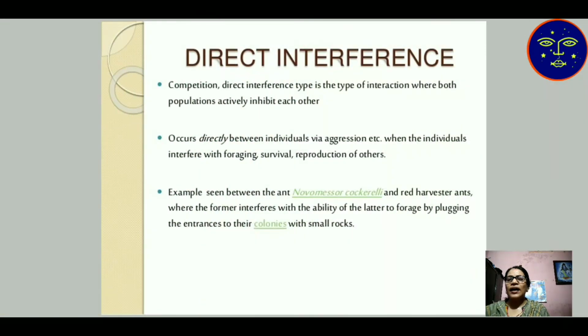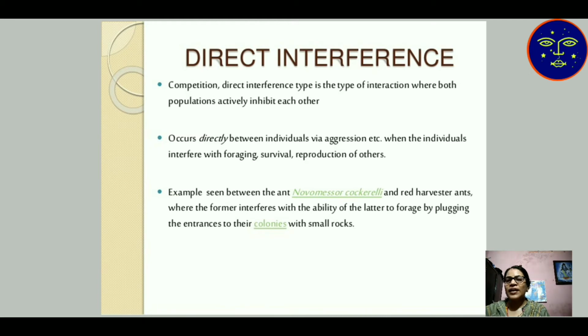Then direct interference competition. Direct interference is the type of interaction where both populations actively inhibit each other. Inhibits means affect towards each other, known as interference. They interfere with each other.